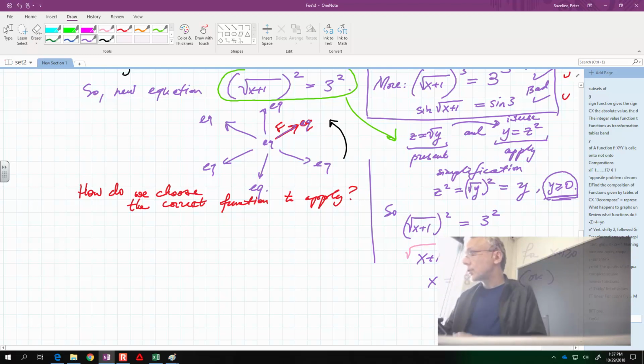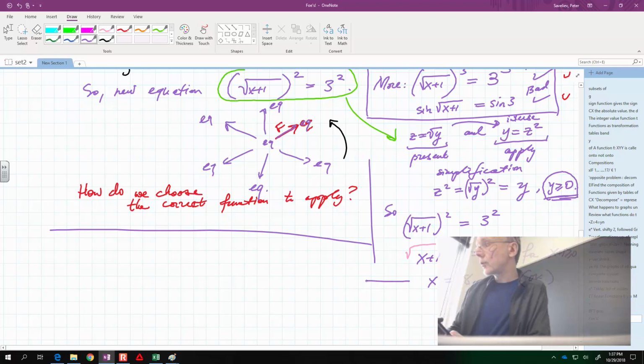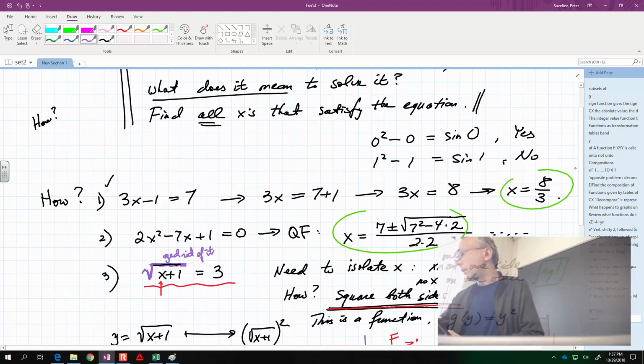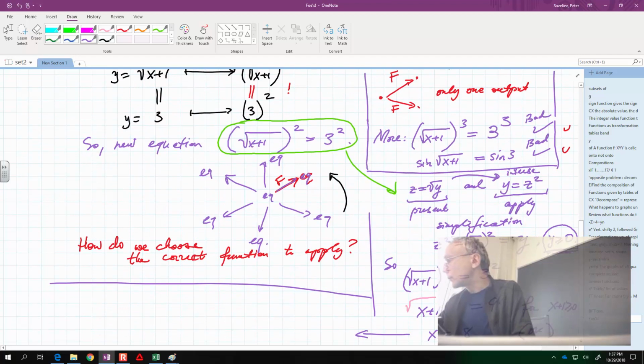So just to make sure, remember once again what it means to solve an equation. You plug it in, and that way, even if you have made mistakes, you will know that you were wrong. If you go all the way back to the original equation and plug it in, I'll do that.